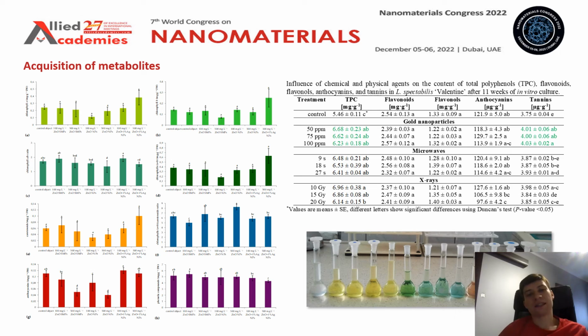So we tested the metabolite profile of plants treated again with different types of nanomaterials, of nanoparticles. There was much research like this performed in our laboratory. I will not tell you about all of them, just some of the most interesting.